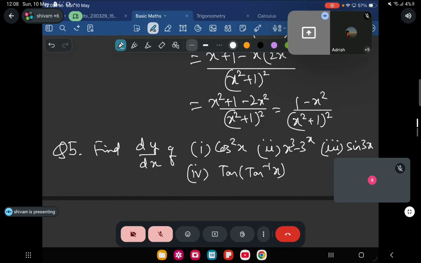The third one, it is sine 3x, it's not sine qx. So the fourth one is not correct. Actually, the fourth one is correct only, but you have to further simplify. But you currently have not done that kind of simplification. Okay, I'll discuss, then we will be able to solve it.